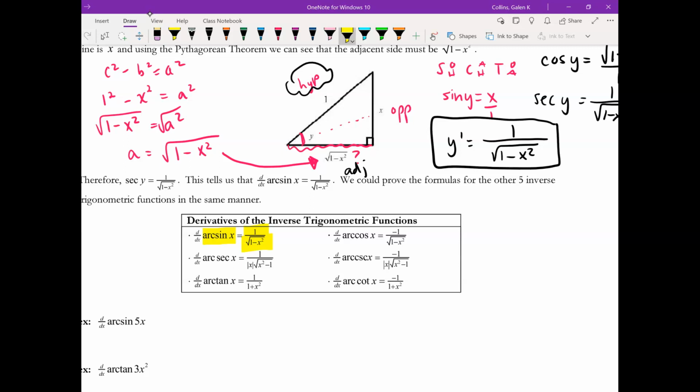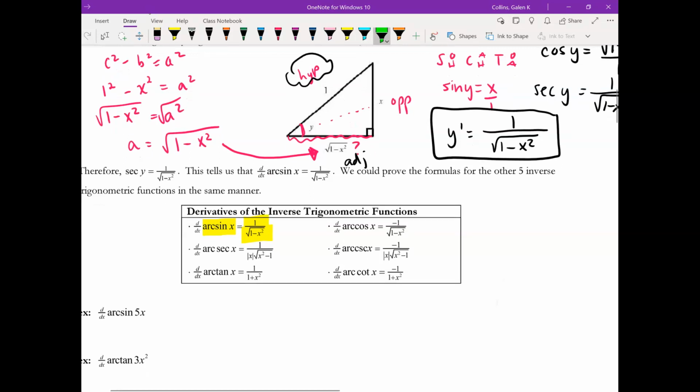If you remember the relationship between the derivative of sine of x and cosine of x, it's only different by a -1. Well, lucky for us the same relationship is true here: when we take the derivative of the cofunction, the cosine, we have a -1 on top, and that's the only difference. The only difference is it's negative.